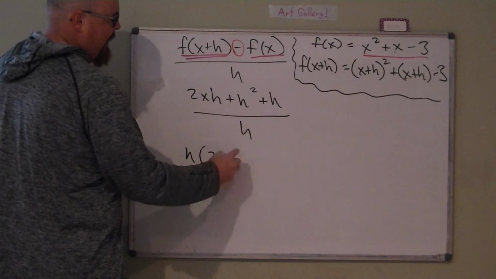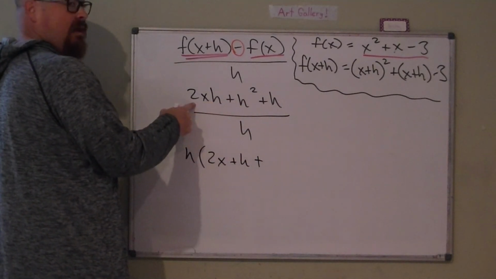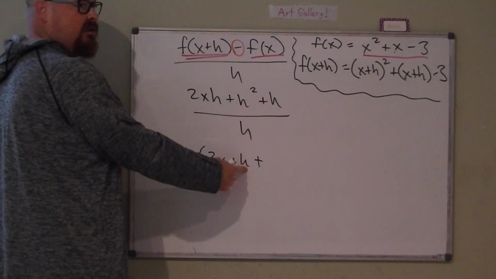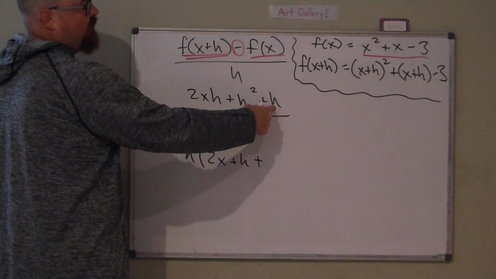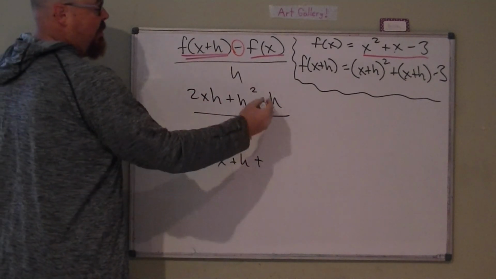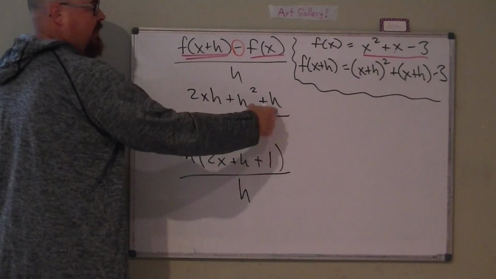So we factor the h out. Now when I factor an h away from here, I've got 2x. When I factor an h away from here, because it's h squared, I'm left with an h. When I factor h away from here, people make the mistake of just saying, okay, the h is gone, so there's nothing there, but really there's that coefficient in front of it. So we have to leave a 1 in place of this, right?